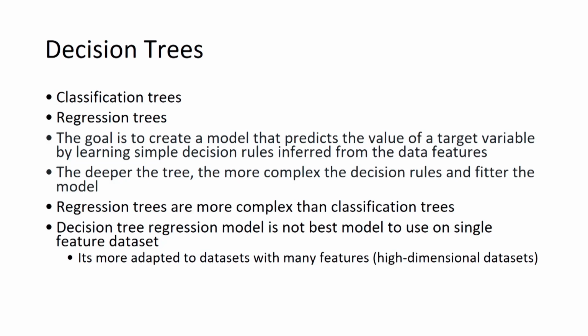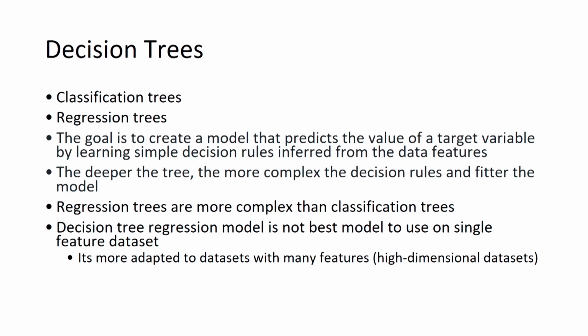When we use decision tree for classification, the tree that is learned is called a classification tree, and if decision tree is used for a regression problem, then the tree that is learned is called a regression tree. In case of decision tree, we can say your model is the tree that will be created.